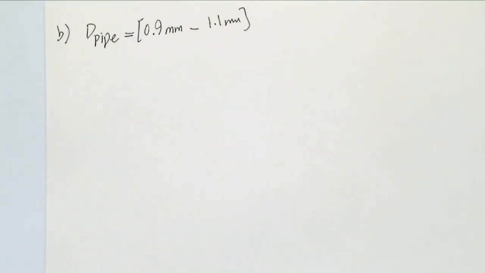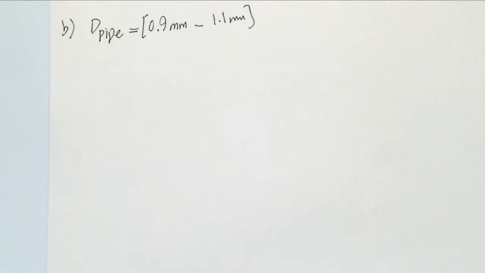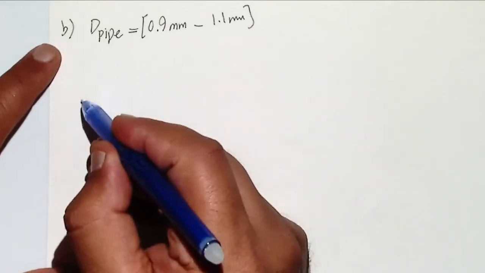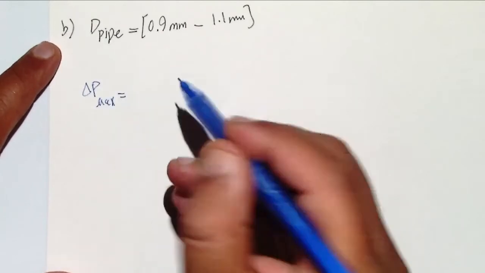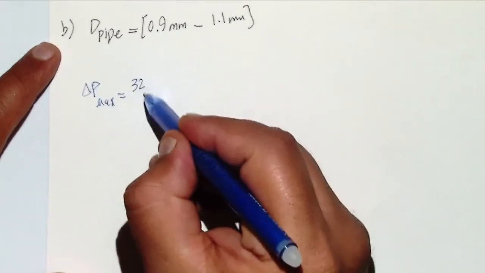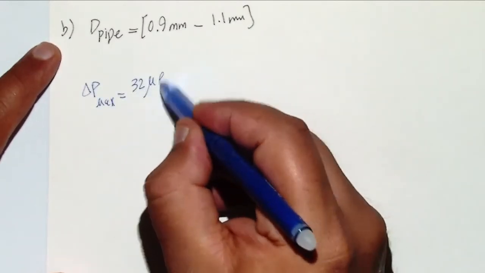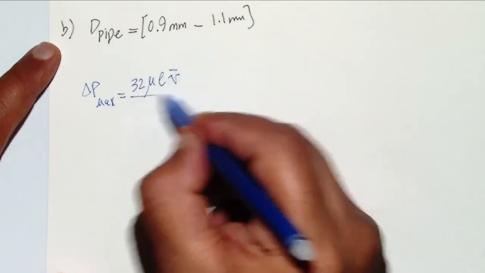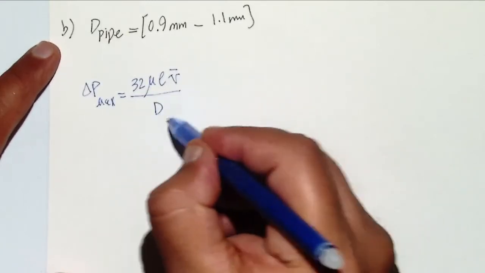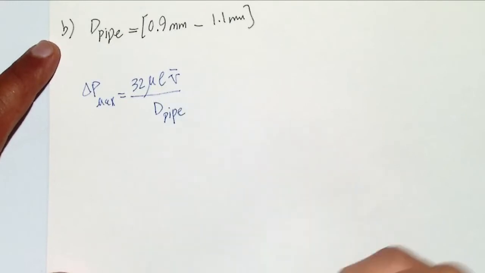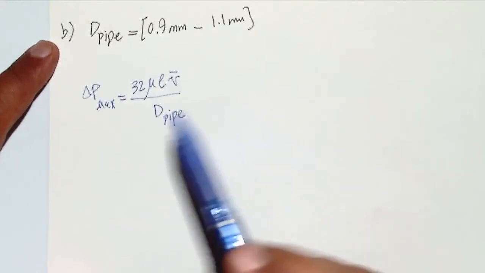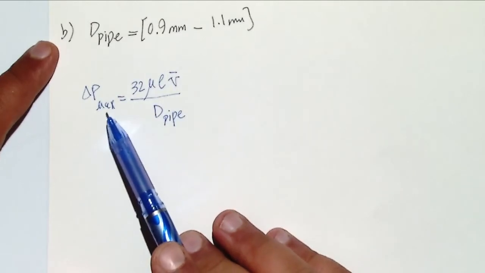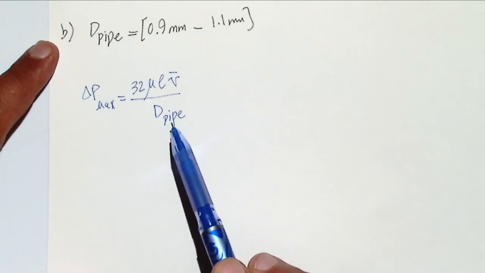Okay, so at first let's write down the equation, because the equation doesn't change. Delta P maximum allowed is equal to 32 mu L V bar over D squared, D of the pipe. So I can ask you this question: what is the relation between delta P, or pressure drop, and the diameter?